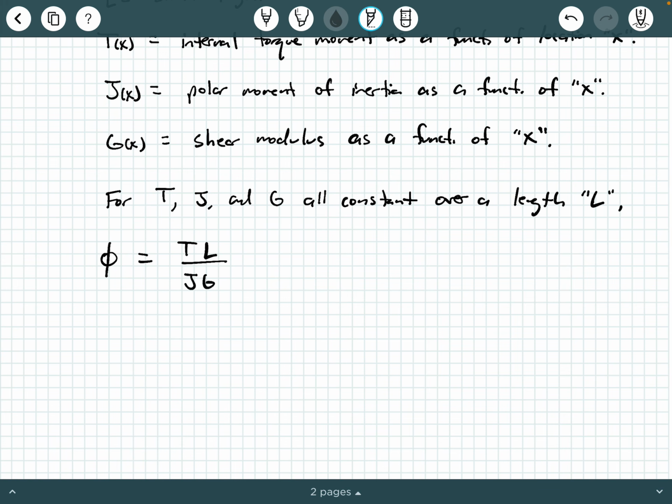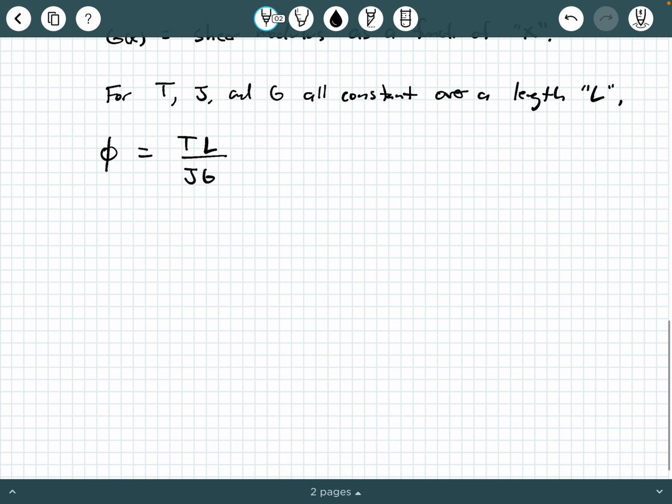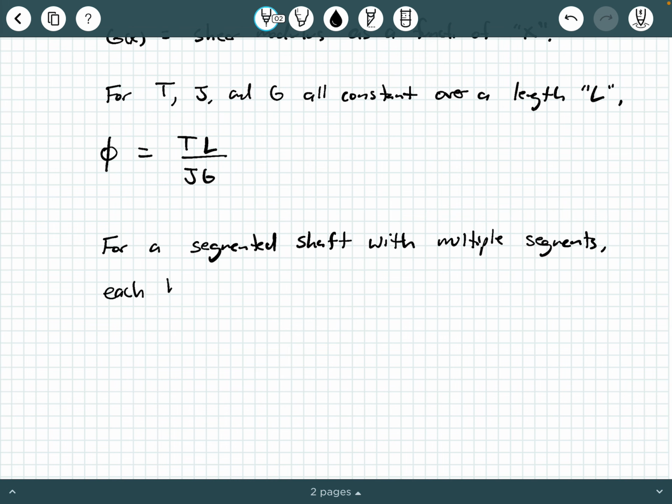Now, what if you have a segmented shaft? Okay, so for a segmented shaft with multiple segments each having separate constant properties and loads, we can write this as a summation.